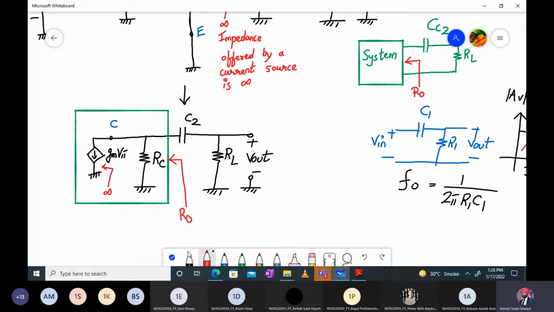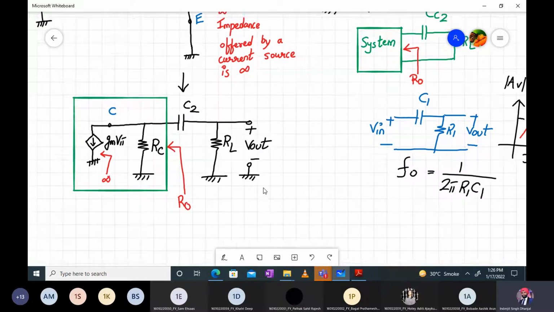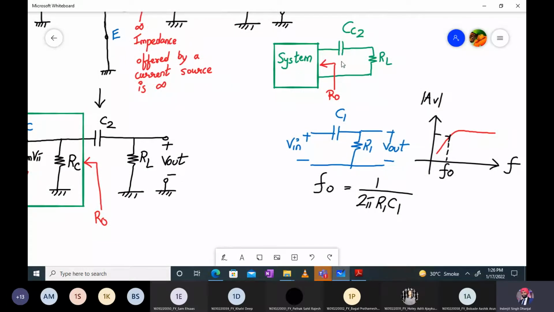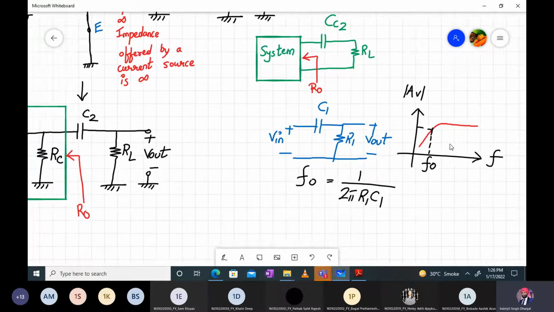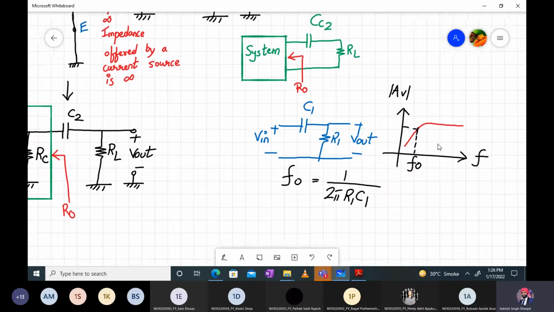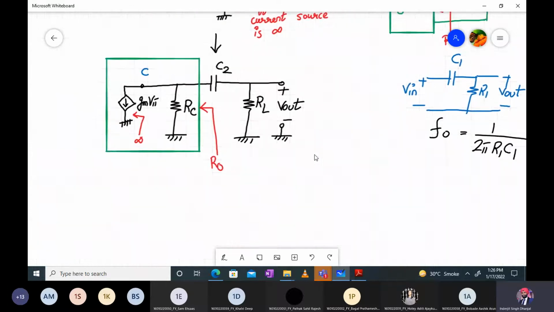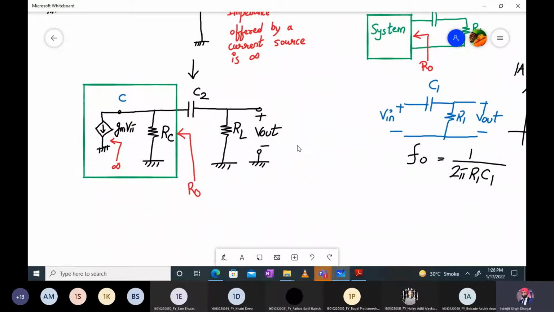So can anyone tell me what is RO? If I have this kind of a response, then I can say that it will have a similar kind of characteristics. The frequency response will be described. Now, can you tell me what will be RO? Anyone?